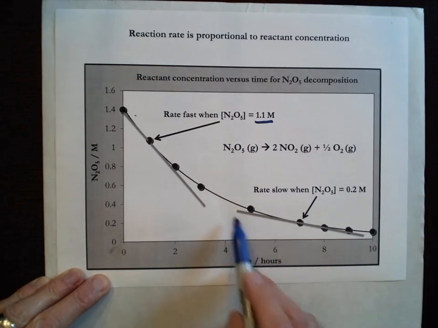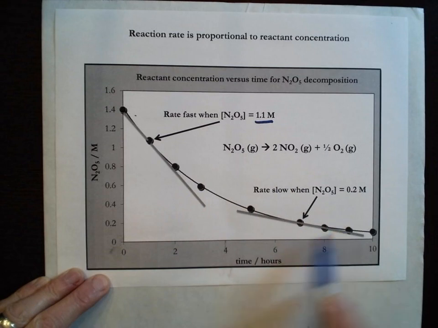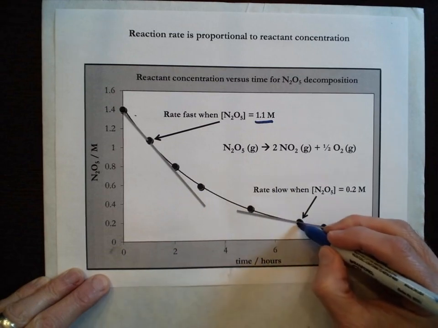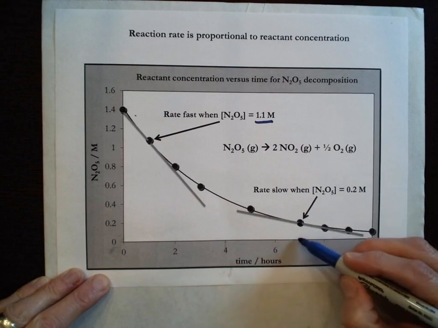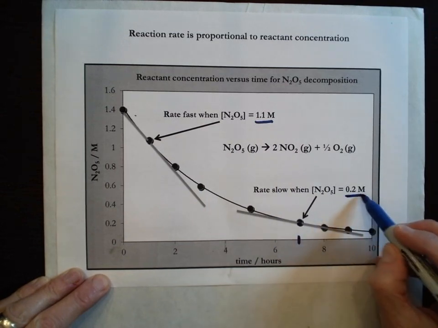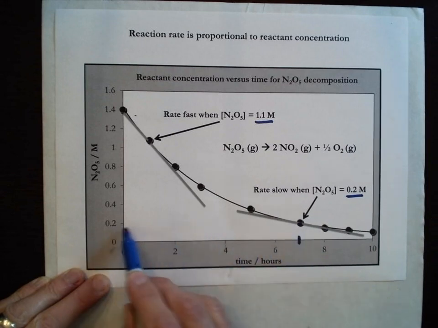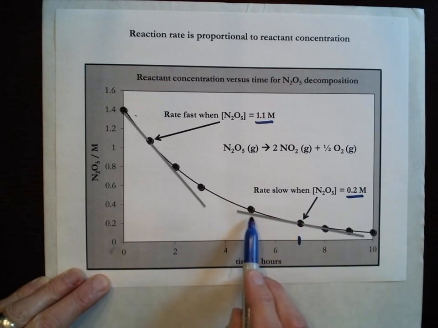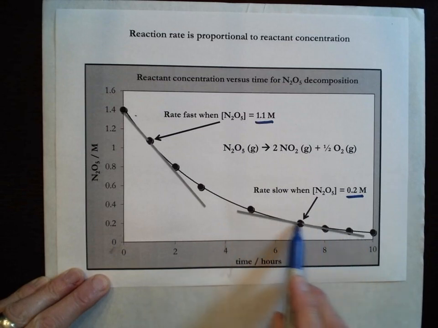Now we'll check it out when the reaction has proceeded for a little while longer. Here, when the reaction has proceeded for a total of 7 hours, the concentration is now 0.2 molar, right about here, of N2O5. And we see at this point the instantaneous rate, that's the slope of this line here, is not as steep.